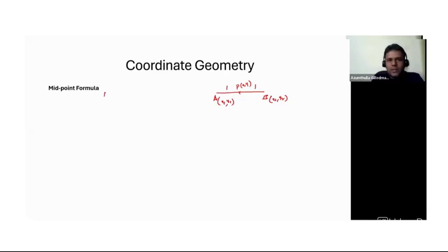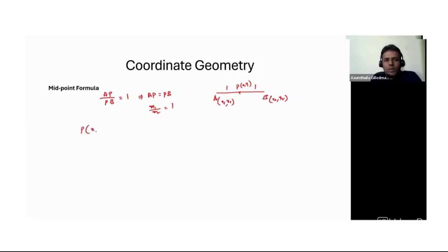So can I say if it is the midpoint, AP by PB should be 1, right? That means AP is equal to PB. So that means our m1 by m2 is 1 in our section formula. When m1 and m2 are 1, you just substitute into the section formula.